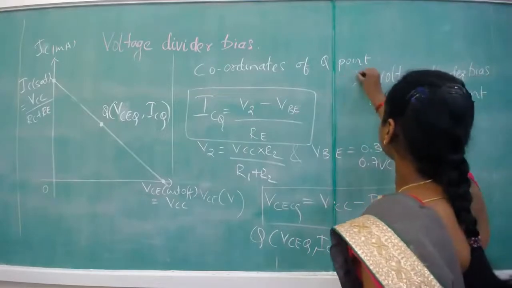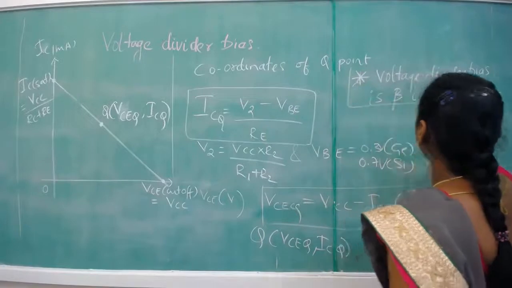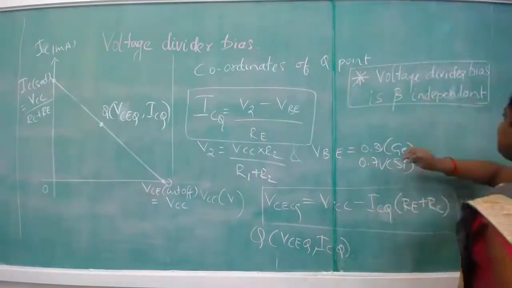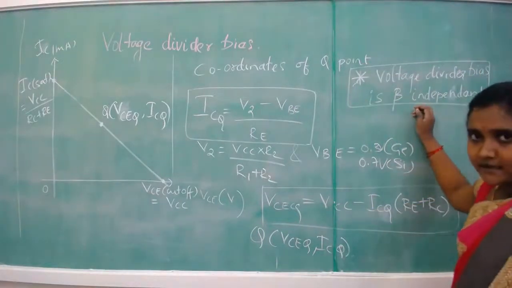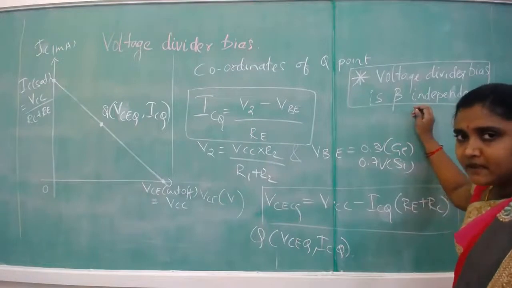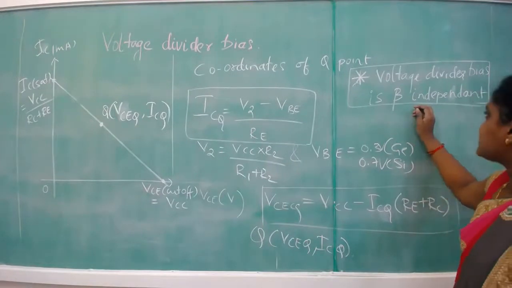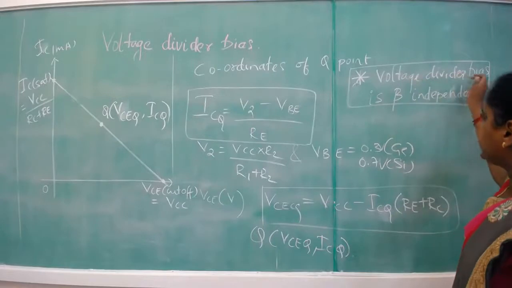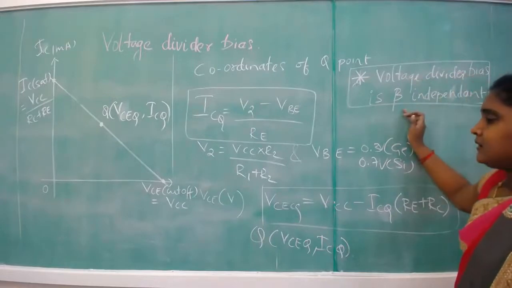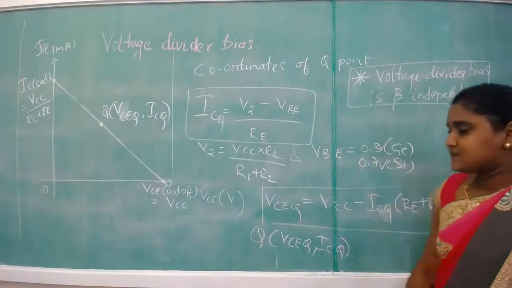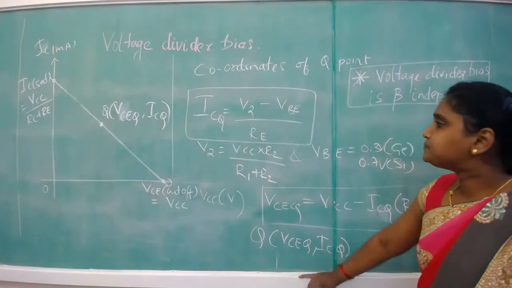It is a very important point. Question will be, name the beta independent biasing circuit. So what will be the answer? Voltage divider bias. Okay. So this is the first observation we have seen here.